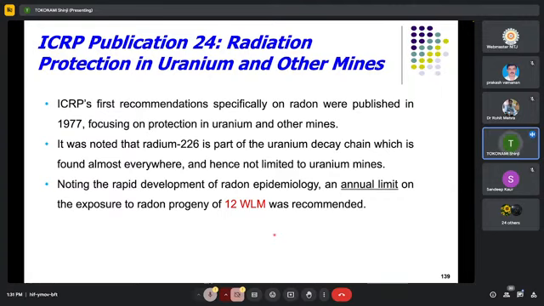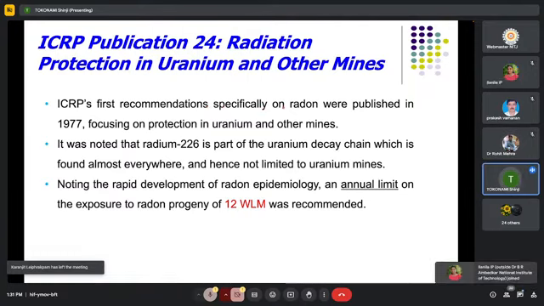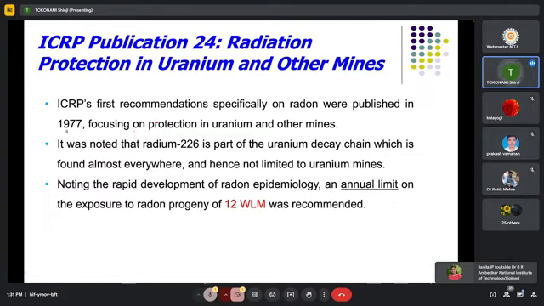Here is important information in ICRP Publication 24, Radiation Protection in Uranium and Other Mines. ICRP's first recommendations specifically on radon were published in 1977, focusing on protection in uranium and other mines.